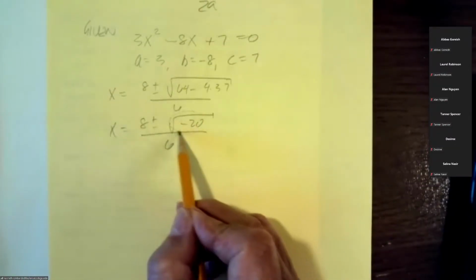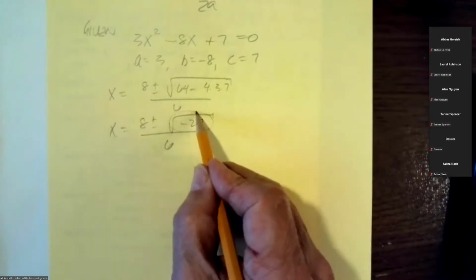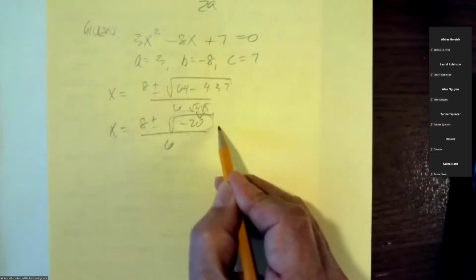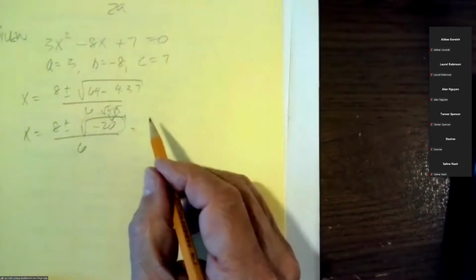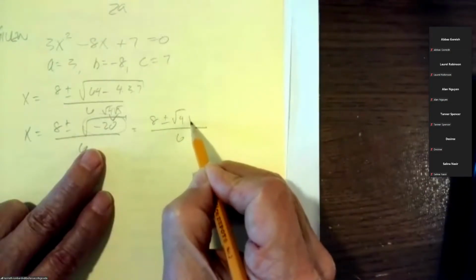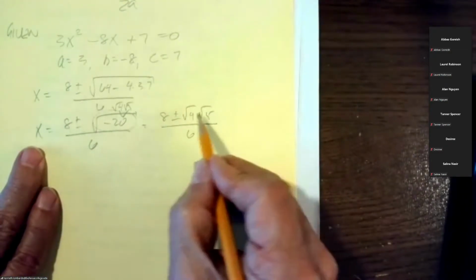So we want to take this and factor it and see if we can get something that has a square root. We know that 20 has factors of 4 and 5, and we can take the root of 4. So that looks the same as 8 plus or minus root 4 root 5, all over 6. And that's negative, isn't it?